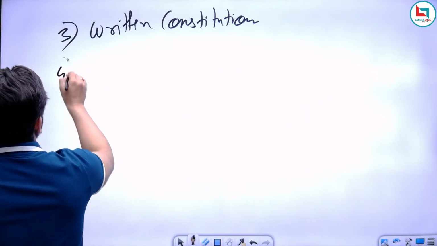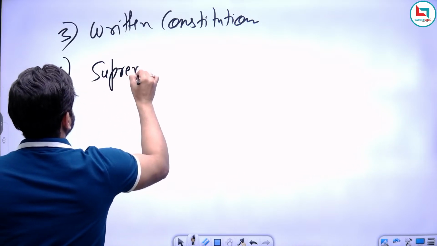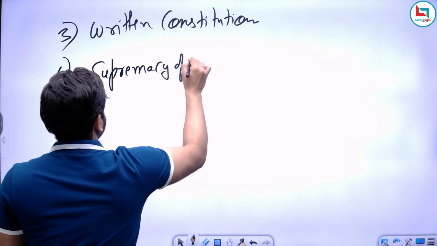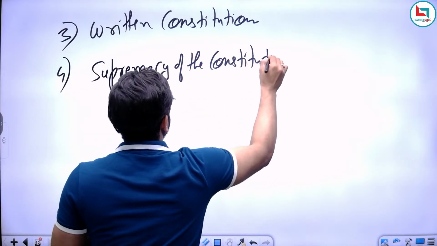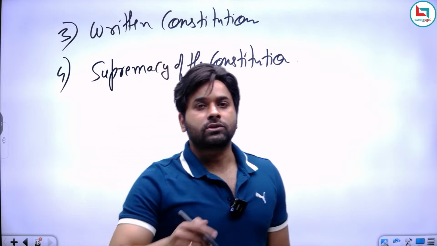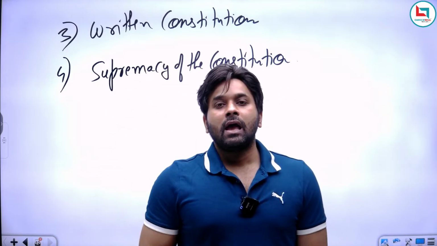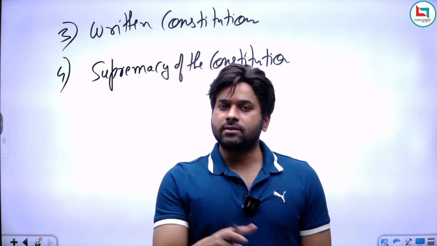Now the fourth federal feature is the supremacy of the constitution. Now, why am I saying supremacy of the constitution? Suppose there is a constitution, and in that constitution there are two levels of government, central government and state government.